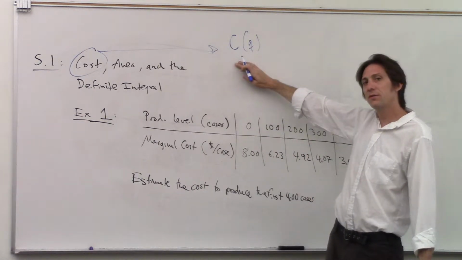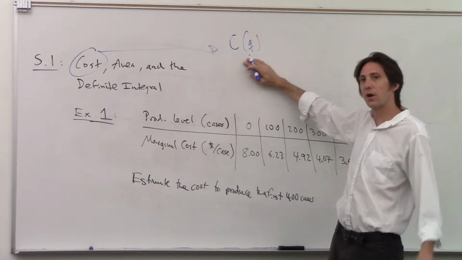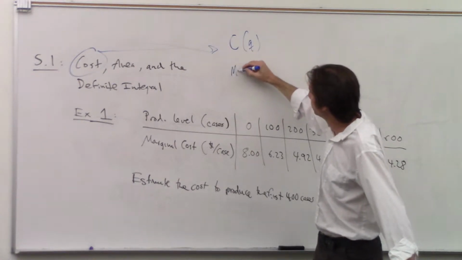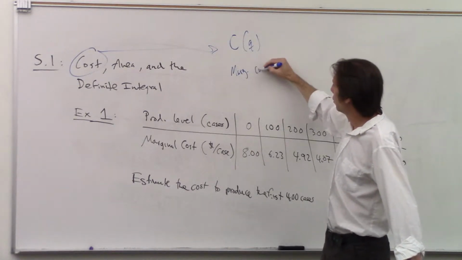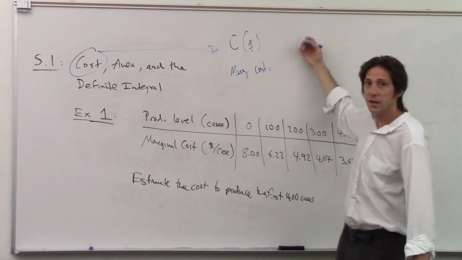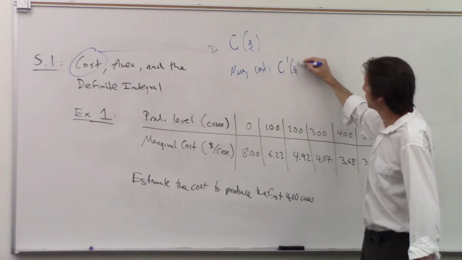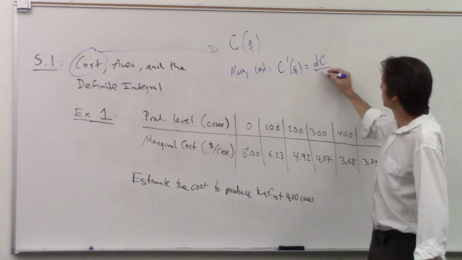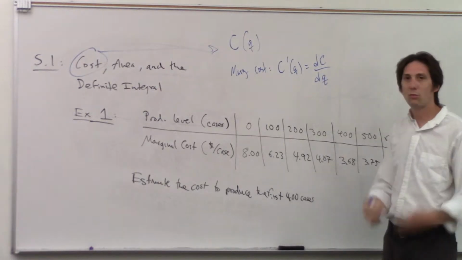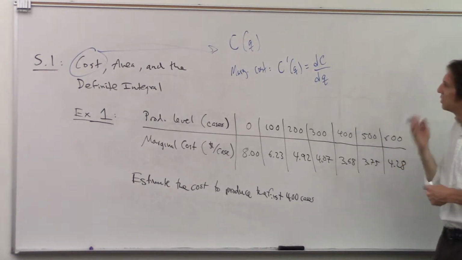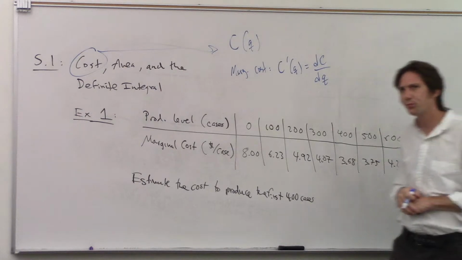So when we were given a formula for the cost, we could compute the marginal cost, and remember that the marginal cost was the derivative of the cost function with respect to the number of items. So we computed dC/dQ.